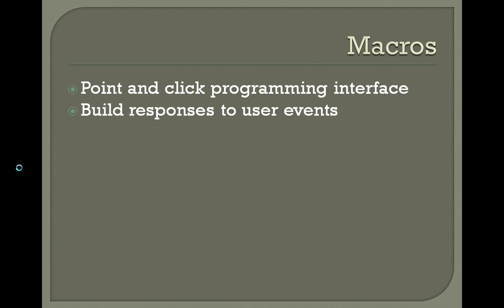Alright, it allows us to build responses to user events. When a user clicks a button, that's an event. What happens when that button is clicked? What happens when I click the close button on a form and my data is not saved in it yet, is it going to ask me if I want to save it? It allows us to validate data that a user puts in the form.